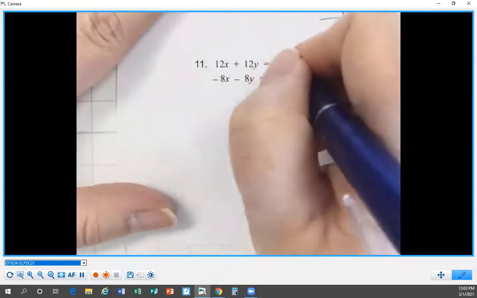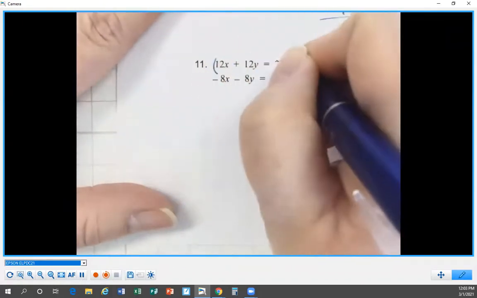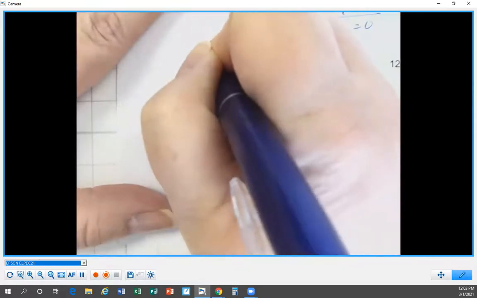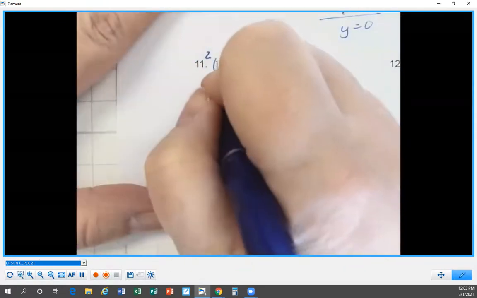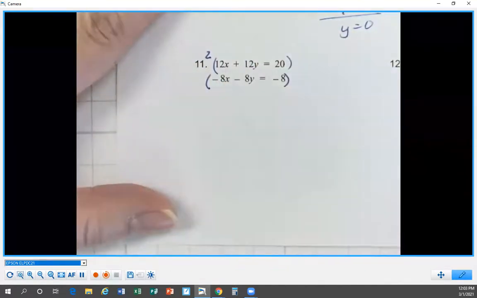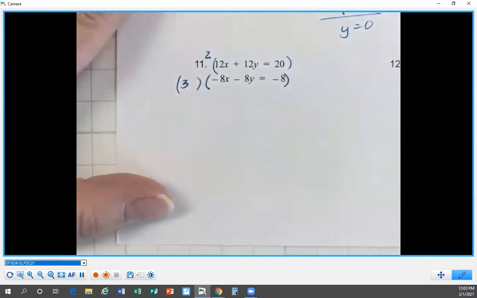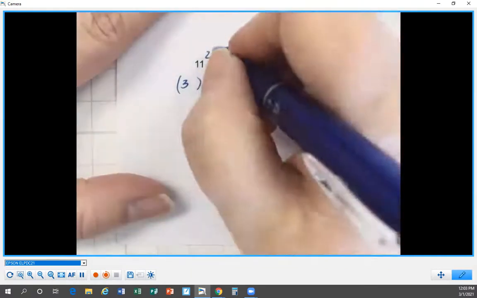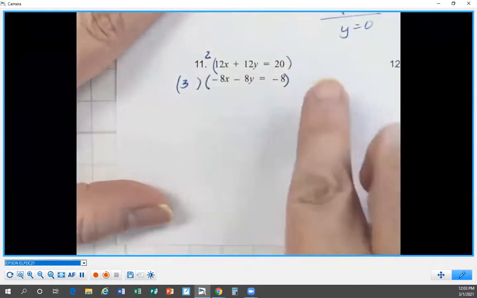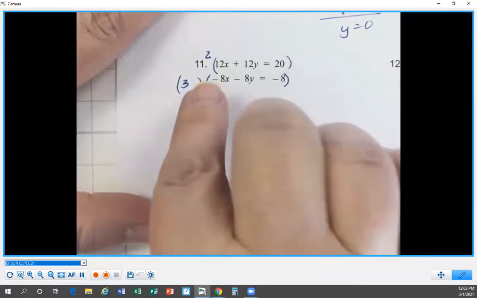So to have the x's cancel out, I'll multiply by 2 in that top equation to get a positive 24x, and I'll multiply by 3 in the bottom equation to get a negative 24x, and then distribute. I don't want to try to squeeze this in here, so I'll write it underneath.